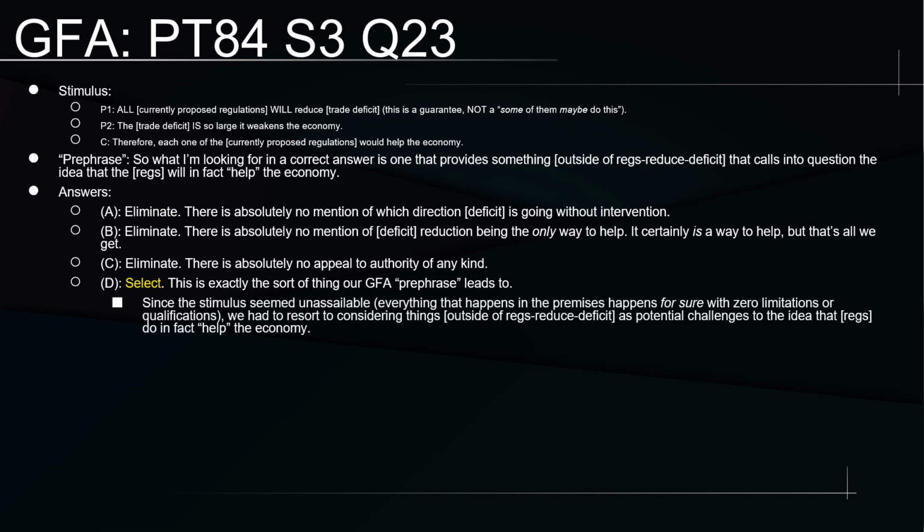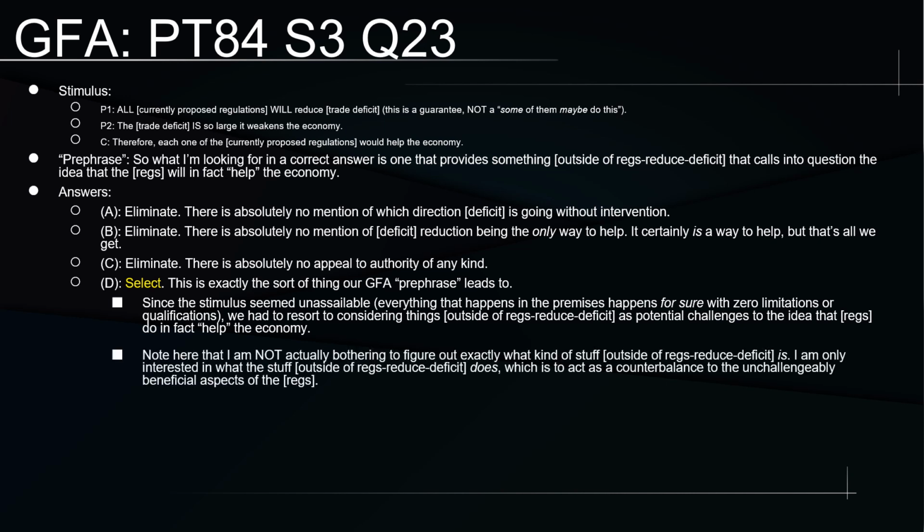Since the stimulus seemed unassailable, everything that happens in the premises happens for sure, with zero limitations or qualifications. Because of that, we had to resort to considering things that were outside of the regulations-reduce-deficit relationship that was set up. And we had to consider those things as potential challenges to the idea that the regulations do, in fact, help the economy.